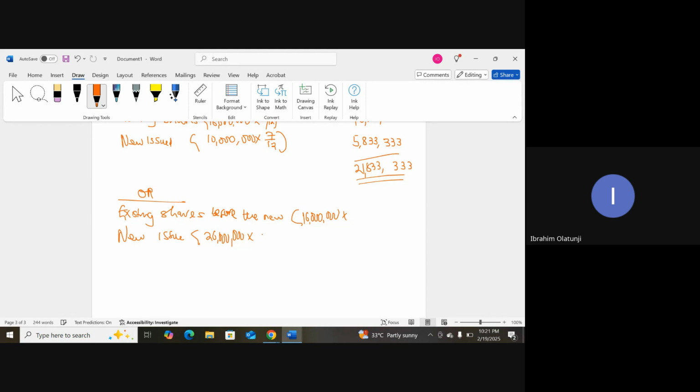Then multiply by 7/12. Then to make it 1 year, the other will be 5/12, because 5 plus 7 is 12. So let's calculate this one and check whether we arrive at that same value. This one will guide us whether what we calculated is right or wrong.